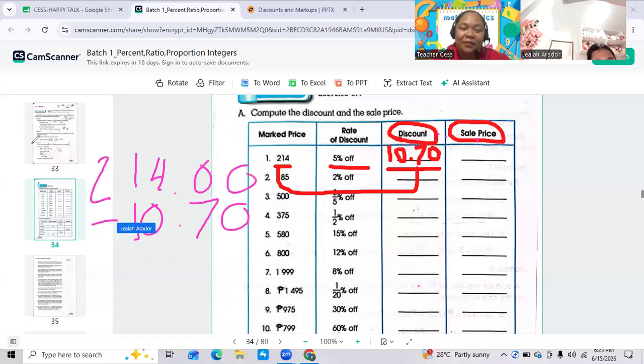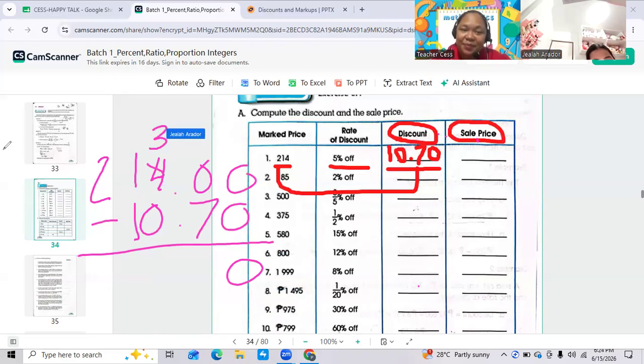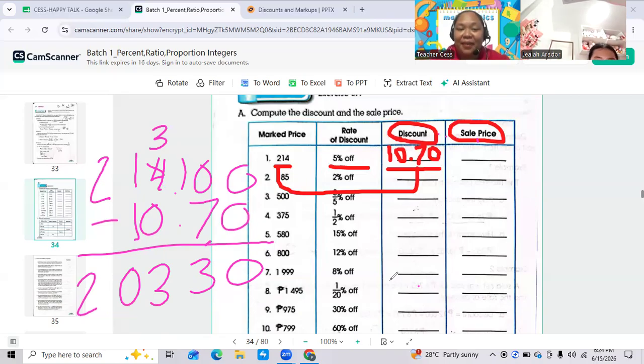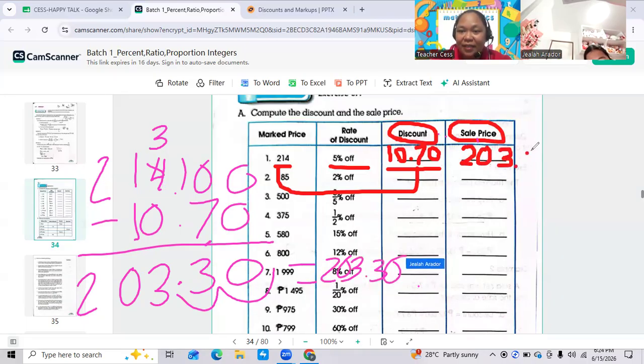Very good. After you align the numbers according to the place value, you can subtract na. All right. So what is your answer? 203.30. 203.30. Like this, right? Yes.